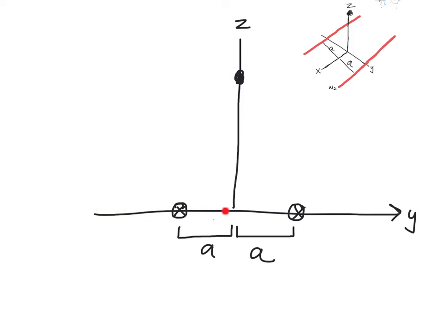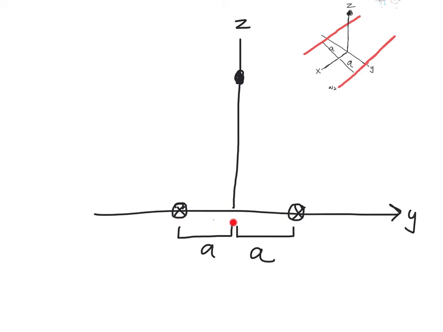I've put the y-axis here, kind of as it was, but I've rotated the thing so that the x-axis is coming out of the screen and going into the screen. And so there's the 2 wires with current going in the negative i-hat direction along the negative x-axis into the screen.